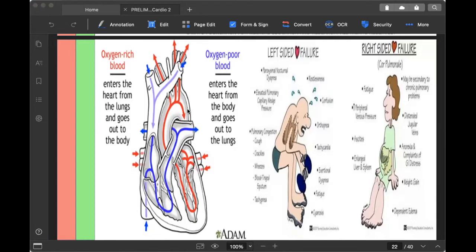And with that poor oxygenation, our body will feel tired and fatigued. Okay, aside from that, there's going to be a problem in the brain and also in the kidney, which will be affected. And as a compensation to this feeling, our body will actually increase the blood pressure, in which the fluid in our body will be retained or held, which actually results in decreased urine output. And if the water is being retained in the body, there's going to be weight gain, which is also experienced in left-sided heart failure.